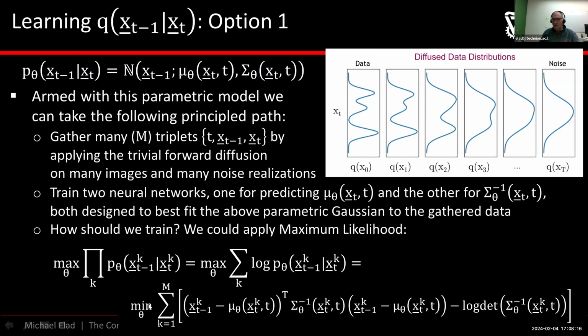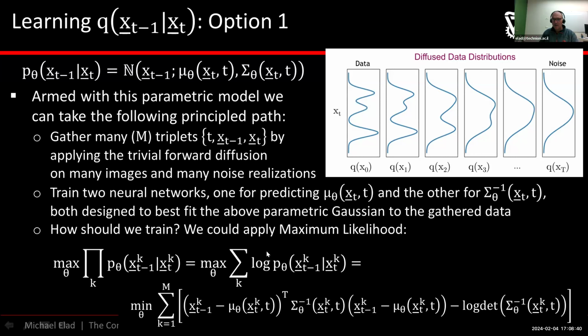We replace the max with min, so we are now minimizing this expression. And yes, we have another term, the term that comes from the coefficient in front of the exponent. You took the log of it, so it's the log determinant of this. Now you have to find the theta that will make this expression happy, which means minimize it. And you found your best fit for a Gaussian.